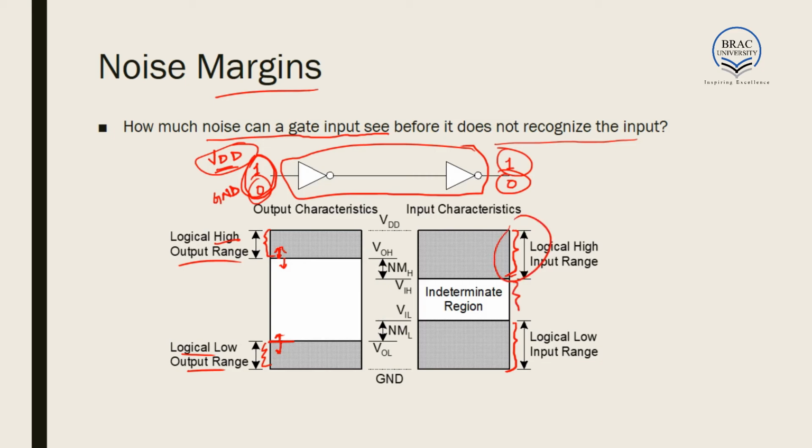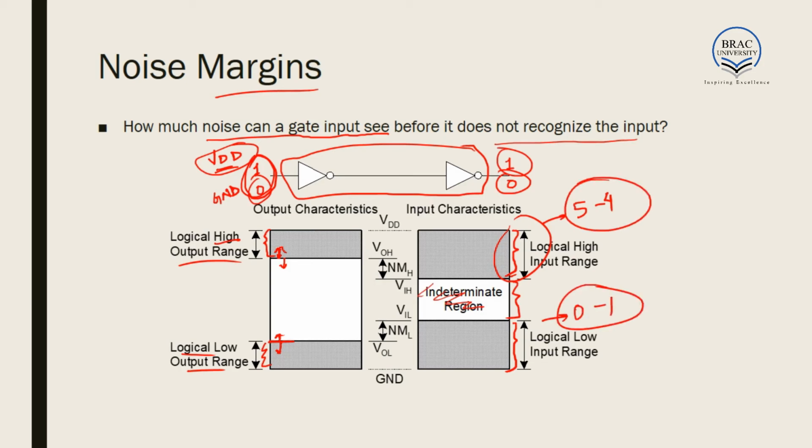We want some intermediate region, a gray area where the input is neither 0 nor 1. Because of noise, if we get 2.6 volts, we cannot say this is either high or low. So we need an intermediate region. Let us suppose this can be from 5 volts to 4 volts, and this can be from 0 volts to 1 volt. These are just two examples.